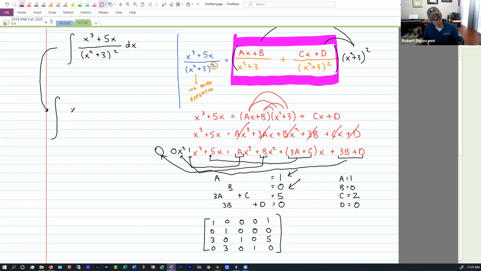So that just leaves me with x over x squared plus 3 plus 2x over x squared plus 3 squared. I'm going to go ahead and just do those as separate integrals.